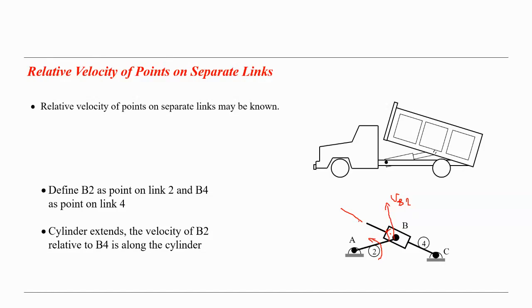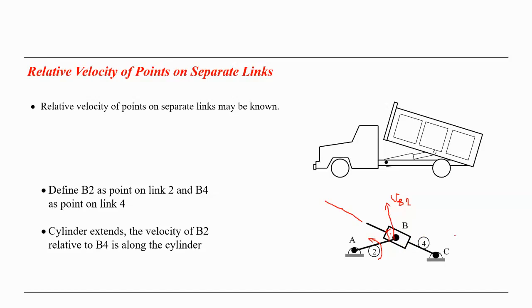We know the direction, we don't know the magnitude, but we know the directions. And VB4 relative to B2 must be perpendicular to this line.